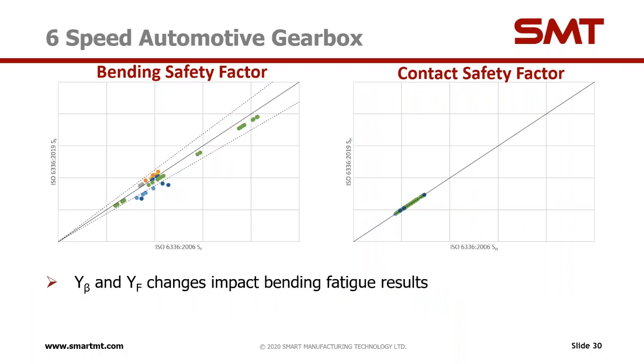So the next example we have is a 6-speed automotive gearbox, and here it's predominantly helical, and we actually see safety factors both increasing and decreasing due to form factor and helix angle factor, as we previously discussed.